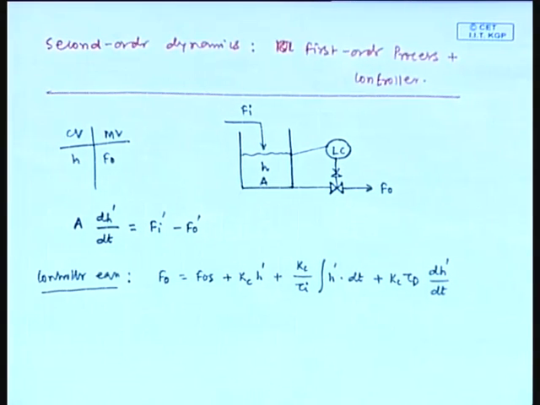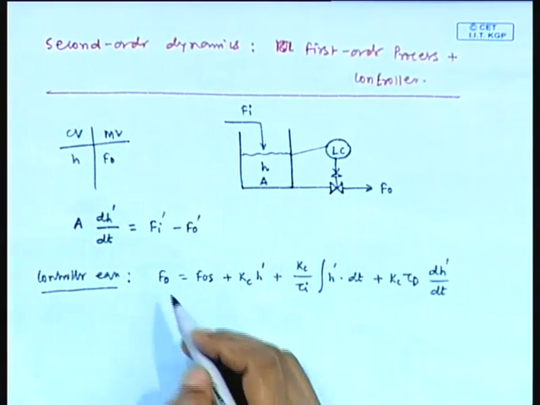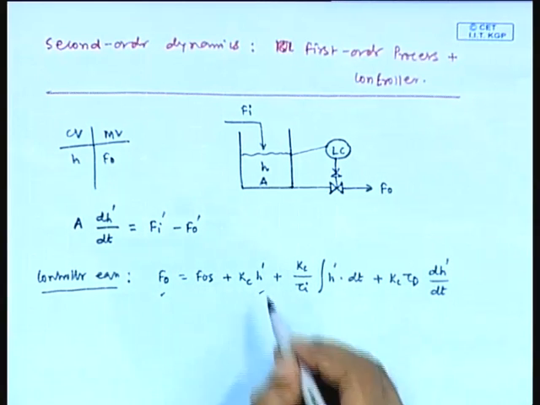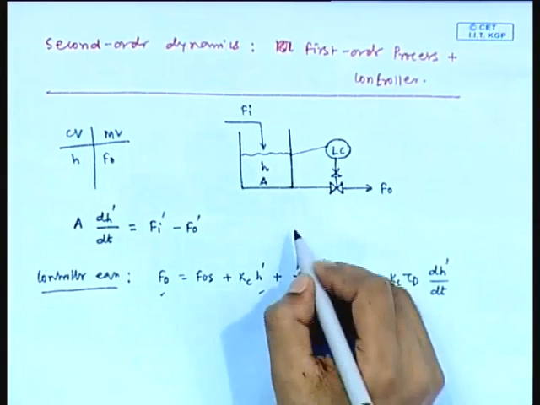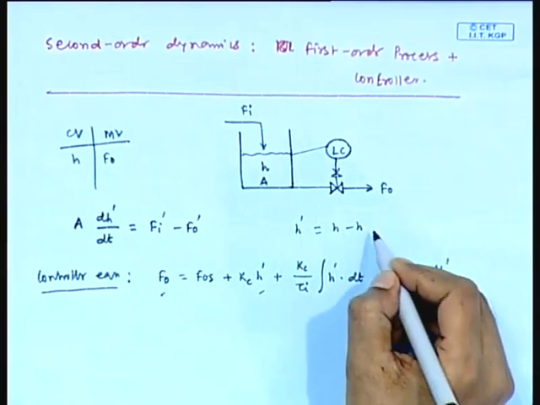This is the equation of a controller, which we will discuss in the subsequent classes. This is the controller equation which is correlating the manipulated variable f naught with height. H prime is h minus hs.